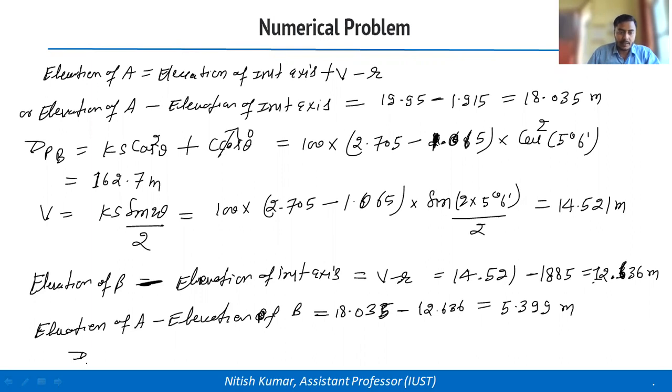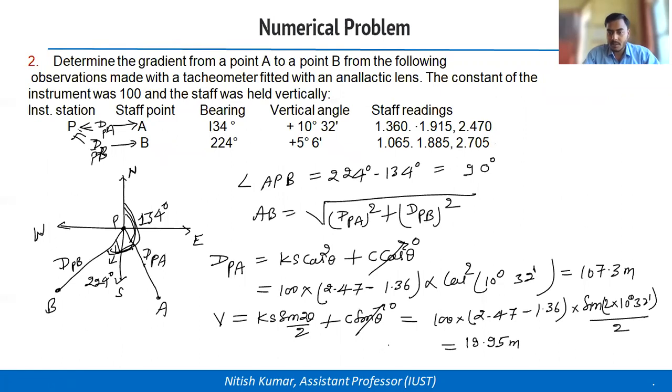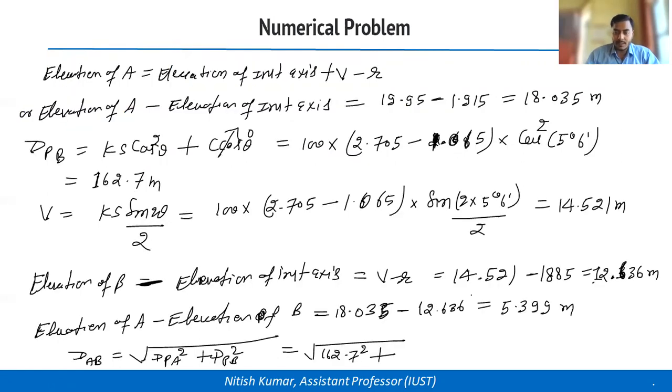We can calculate that we are getting 107.2, and here 194.9. So now we have the vertical distance, and we have the horizontal distance.